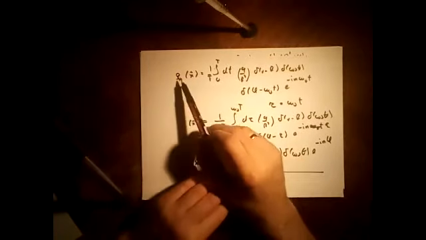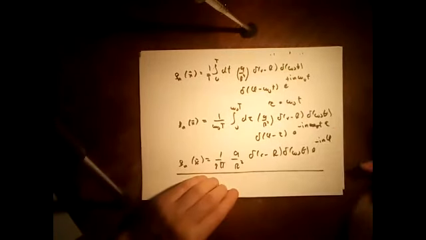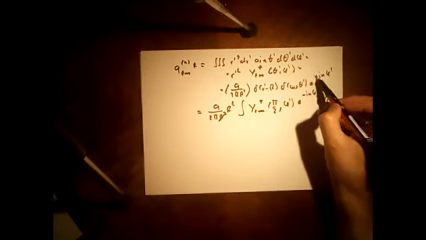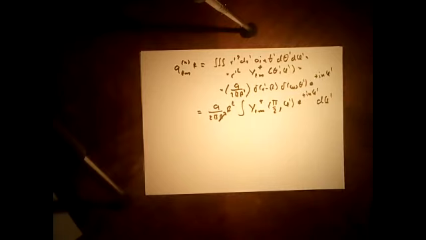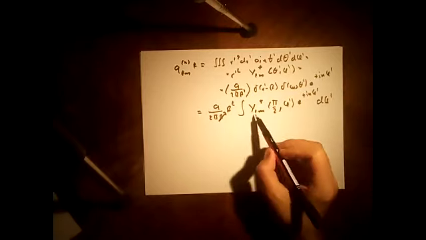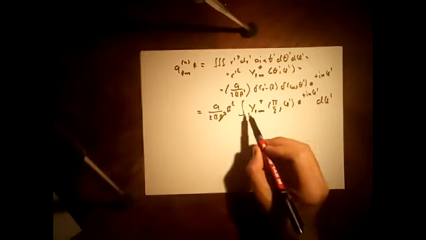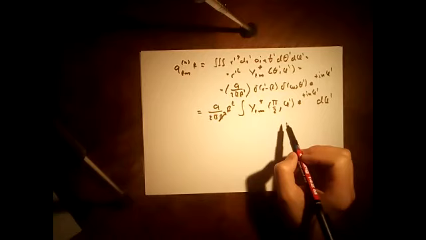It's not hard. This should have been a plus. So this should have been a plus all along. So this is also a plus, and this is also a plus. Sorry about that.